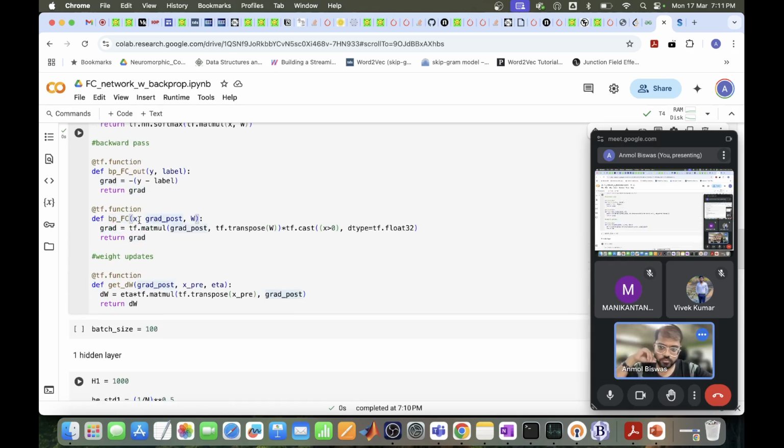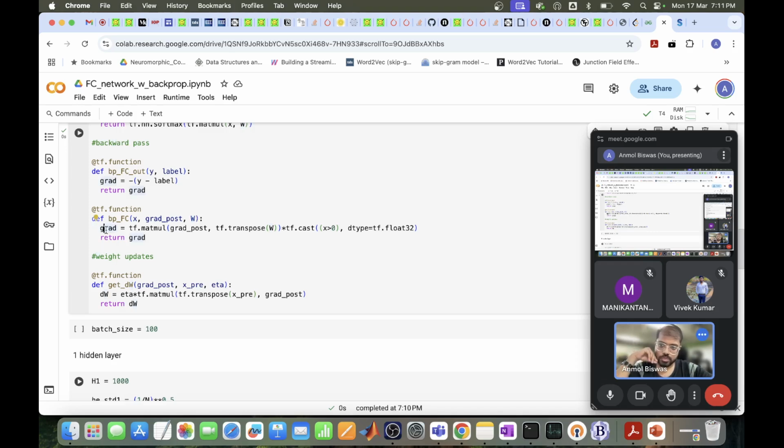Then you have the backward pass for the fully connected layer, where it takes x, the input, and grad post, the gradient coming in the backward direction from the next layer, and the weight connecting that next layer to the current layer.